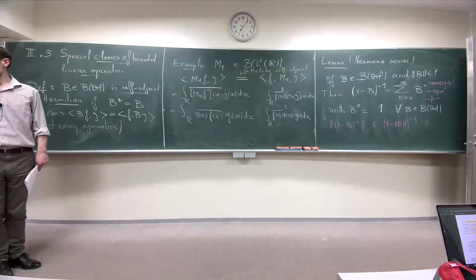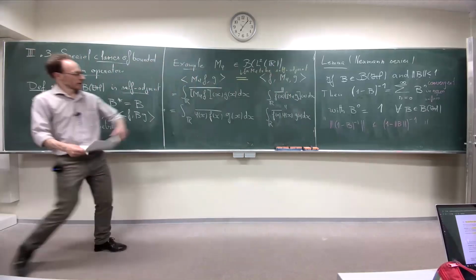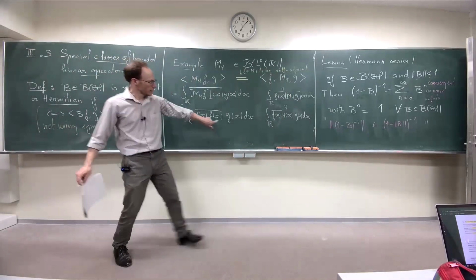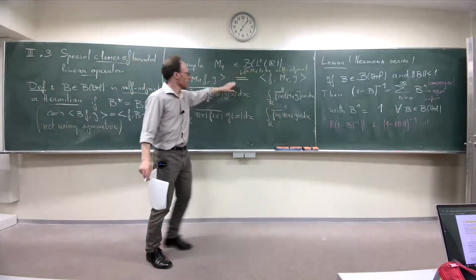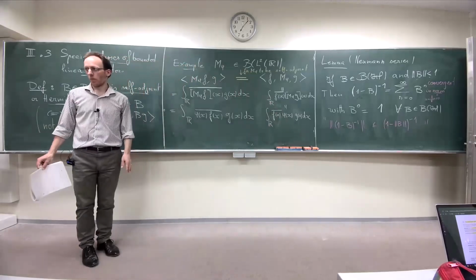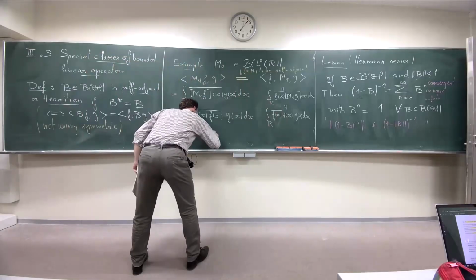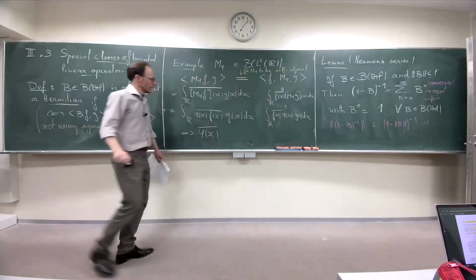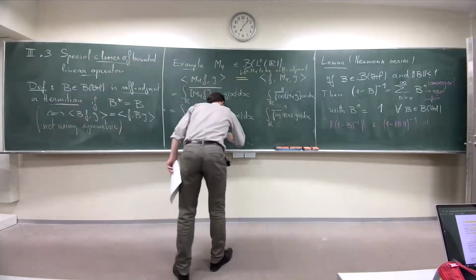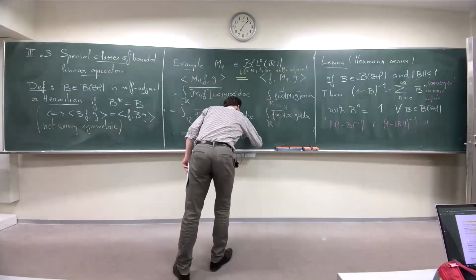Phi has to be real. If this number is equal to this number, then we have an equality. So it implies that phi of x complex conjugate has to be equal to phi of x.